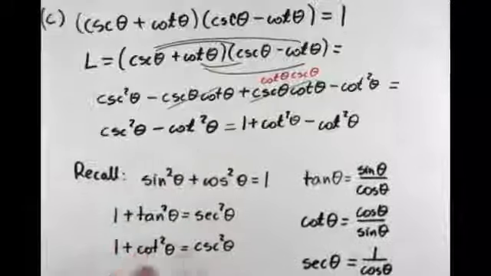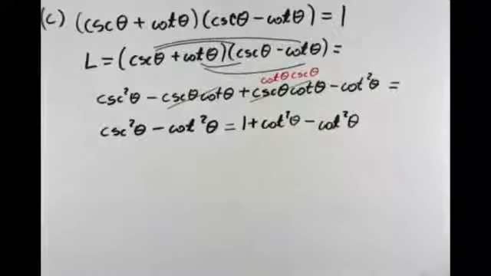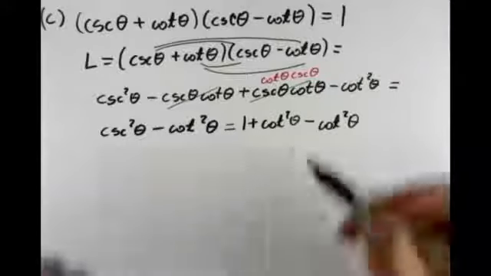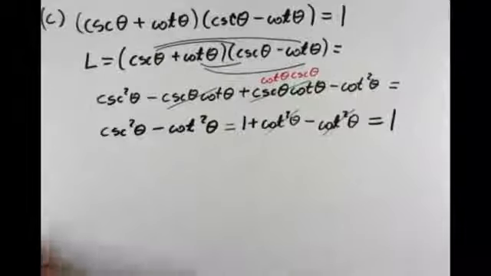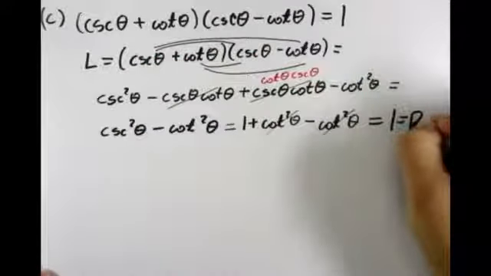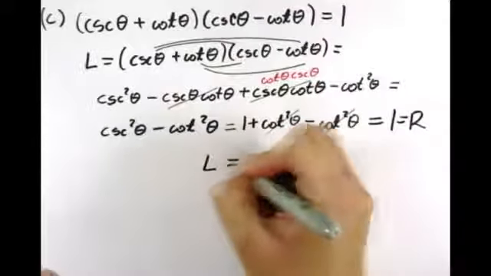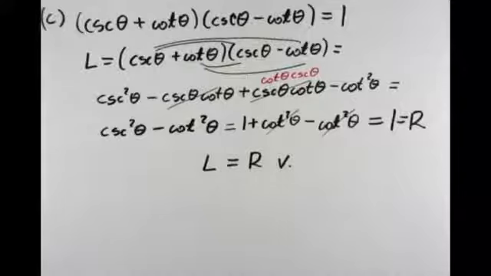We just use the formula that cosecant squared is 1 plus cotangent squared. So then the cotangent squared terms cancel out, and I end up with 1. And 1 is on the right side, so this is equal to my right side. So I proved that left side is equal to right side. My proof is complete.